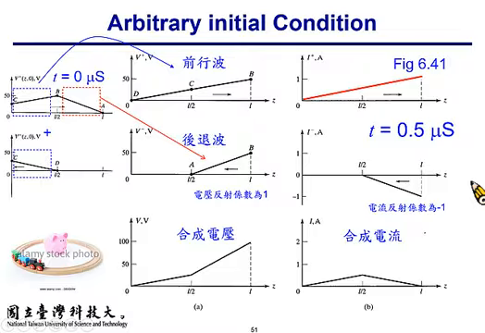So with this shift in terms of time delay, in terms of propagation, you can form up the V plus signal and V minus signal at t equals 0.5 microsecond.